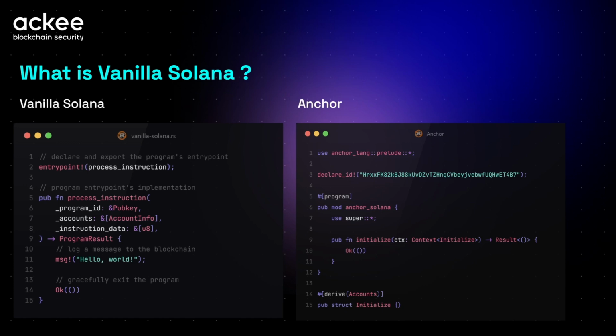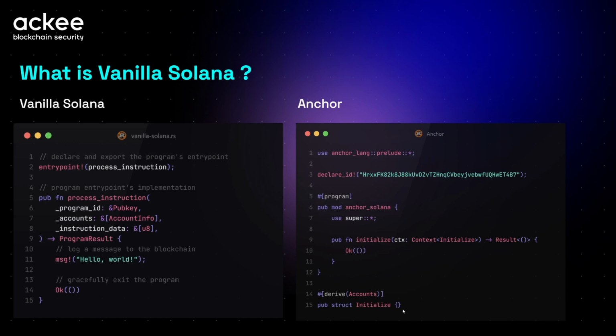That's the vanilla Solana. On the other hand, Anchor actually builds upon this, and the Anchor framework makes the development process easier and also more secure, because you won't forget some of the checks.